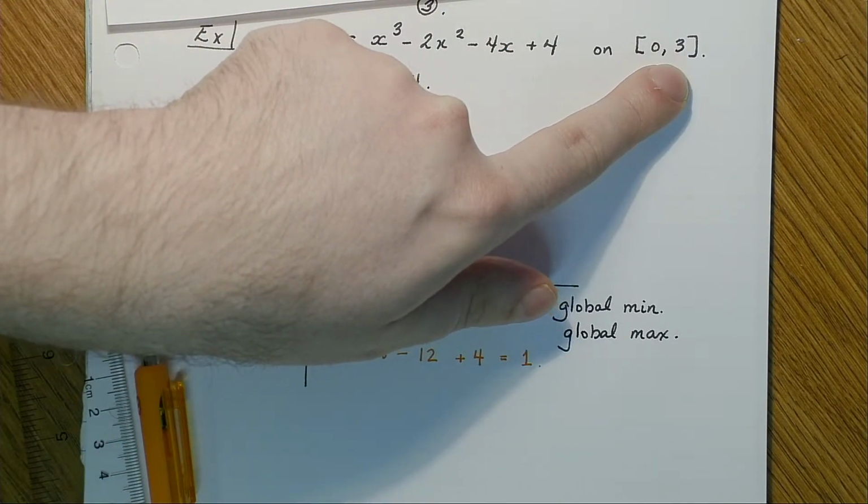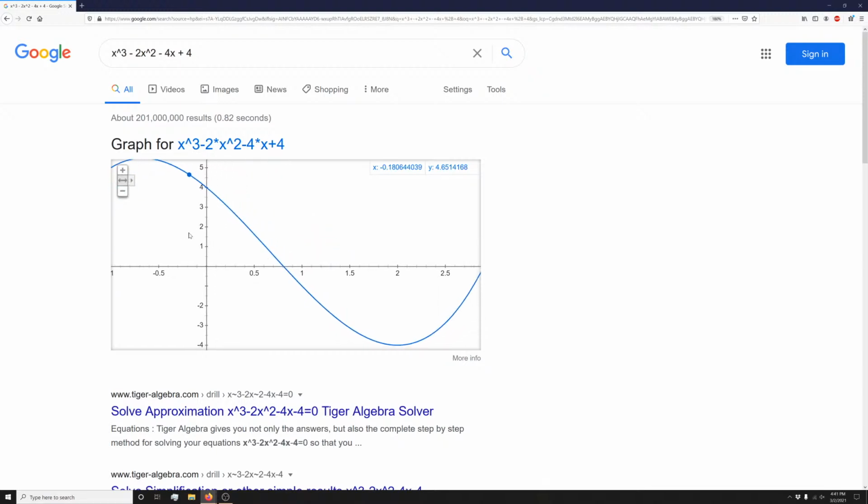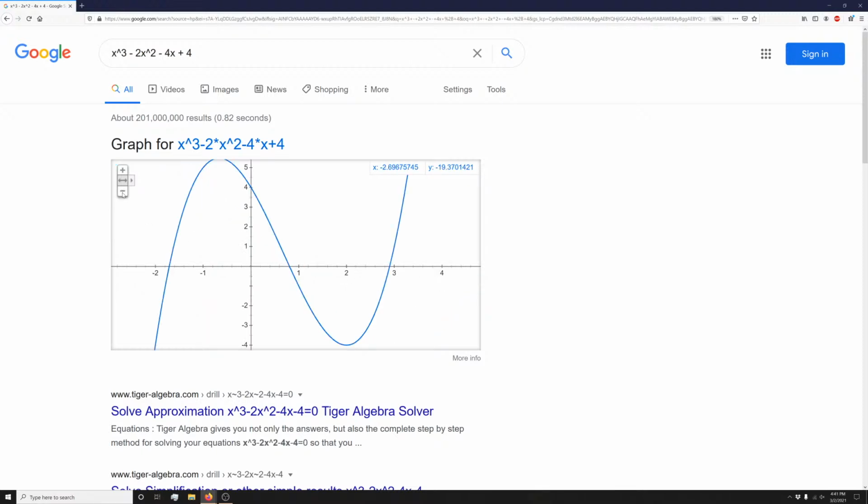So if we're looking from 0 to 3, then I'm not looking over at this point here. I'm actually looking from 0 to over a little bit past there. So maybe I need to move over a little bit. Oh, yes, there we go. So we're working from 0 to 3. And of course, I didn't zoom out far enough. So around 3. So we can actually look around 3. Yeah, that looks to be big.